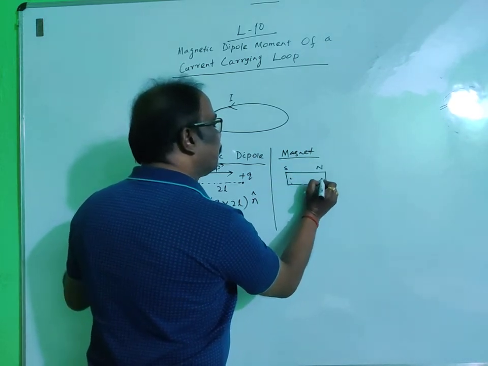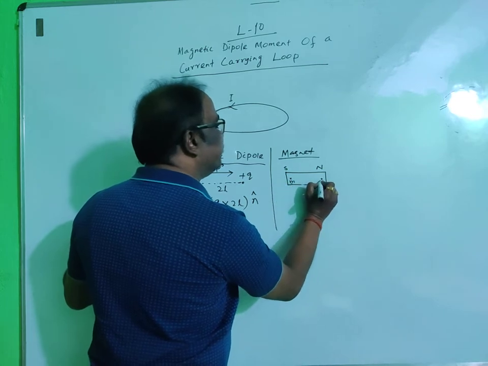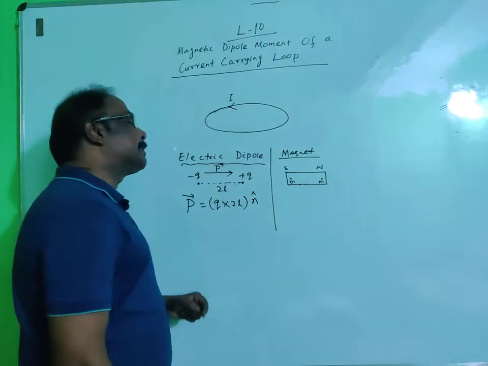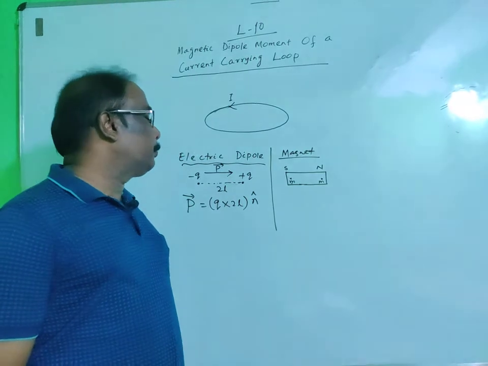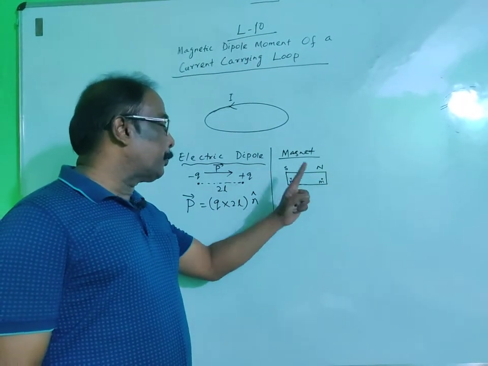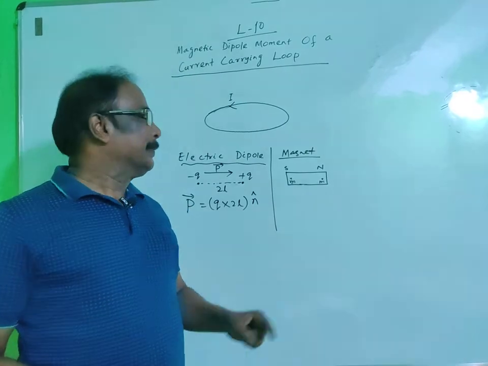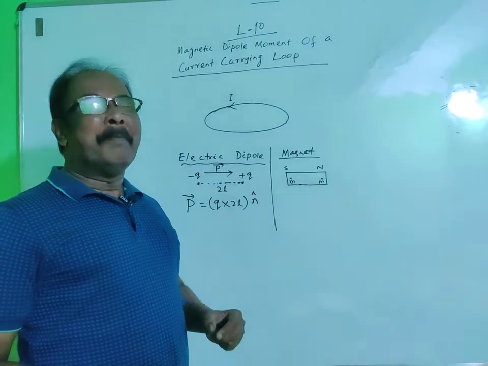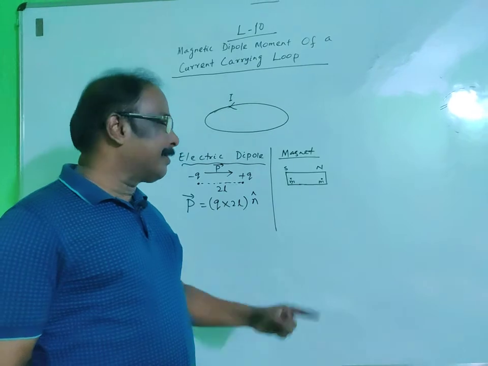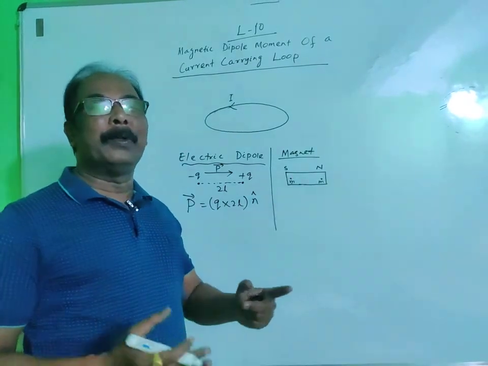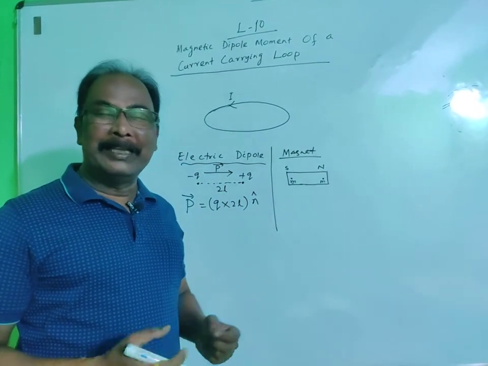Pole strength of the two poles of a given magnet is the same. Pole strength of south pole is M and pole strength of north pole is also M. So this is a small bar magnet, and where there is south pole there must be north pole.